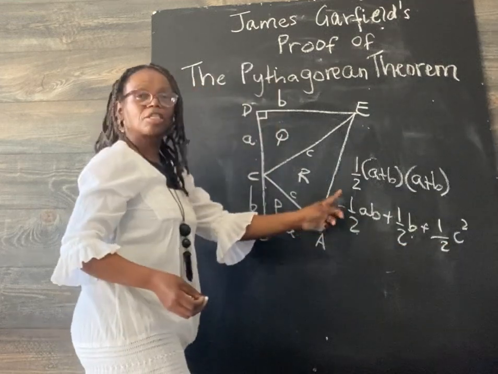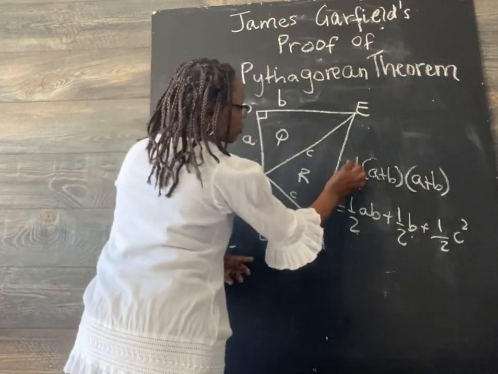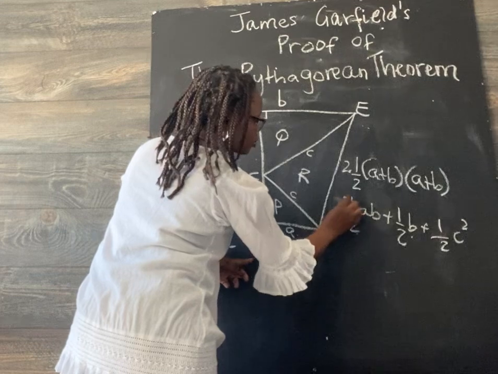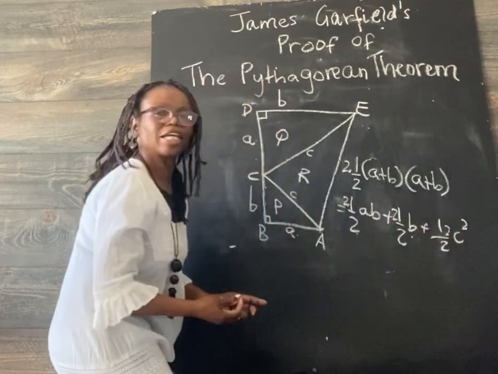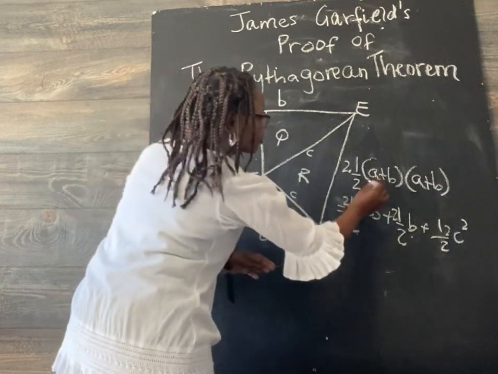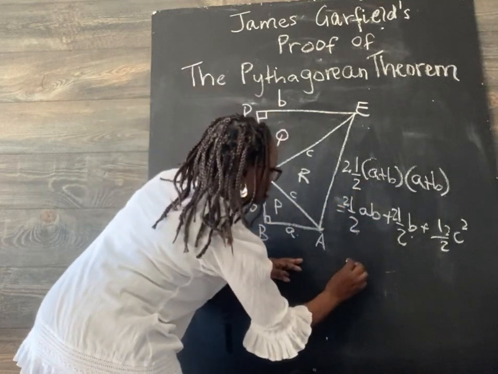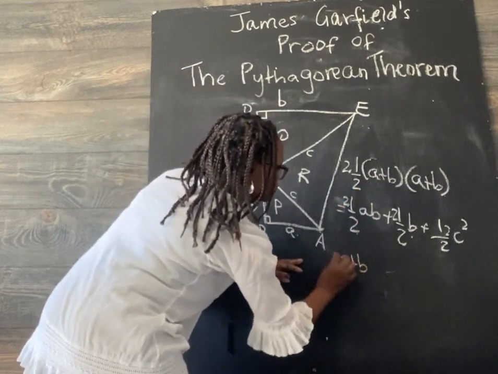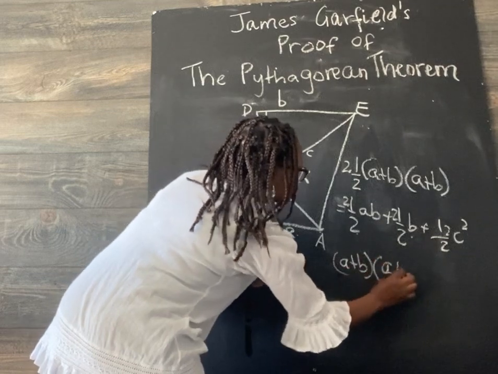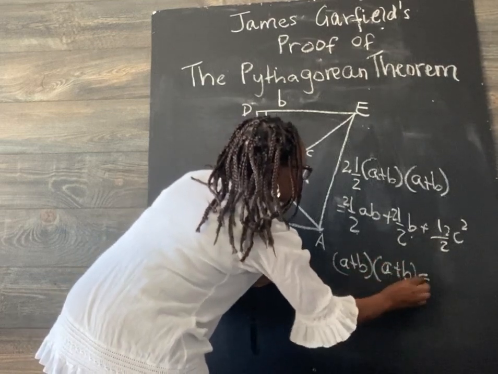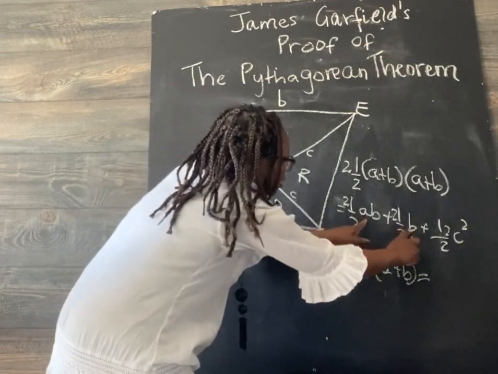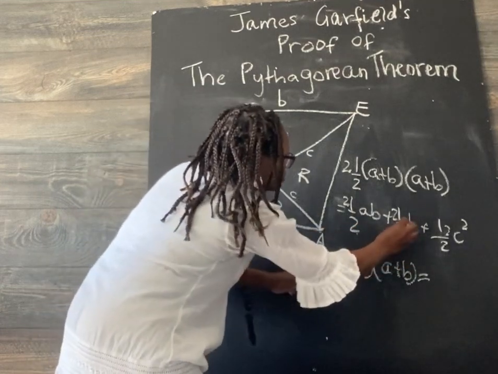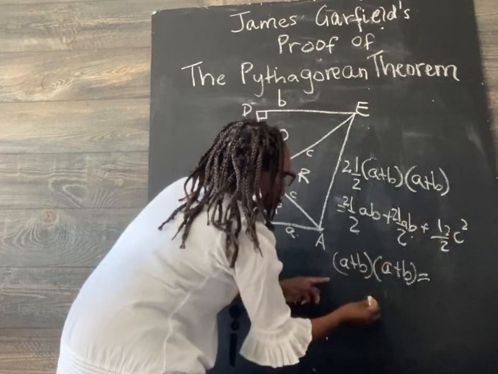So if you multiply by 2 on both sides of the equation, multiply by 2 right throughout, what are we left with? We are left with AB, A plus B equals... I'm sorry, there has to be an A here.